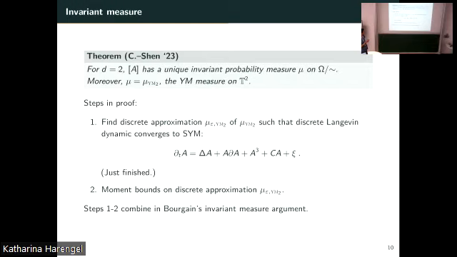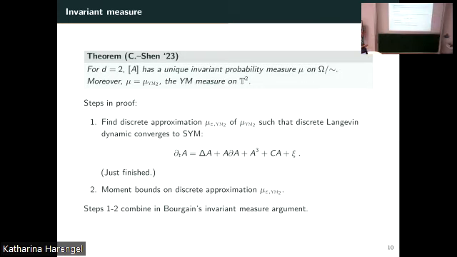In 2 dimensions, this bracket of A is what I denote by the gauge orbit of A. We can show that this has a unique invariant probability measure, mu, on the space of gauge orbits. Omega here is the space of one forms, and this tilde is gauge equivalence. Moreover, we know that this invariant measure is really the Yang-Mills measure, which was previously constructed by using exact solvability properties of Yang-Mills.